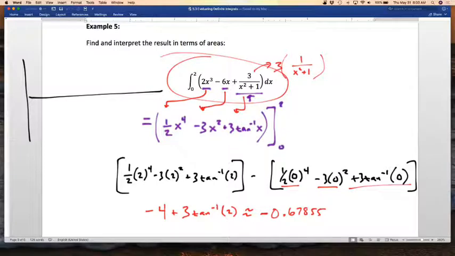That's right. The majority of the area is below the x-axis. When we're looking at area under the curve, anything below the x-axis is read as negative area. Anything above is read as positive area. So since our total is negative, that means that this portion underneath the x-axis is greater than the portion above the x-axis.